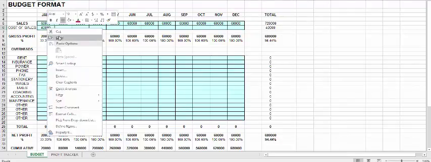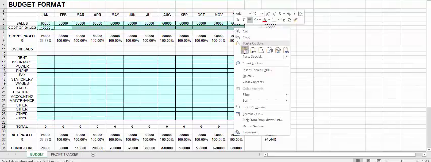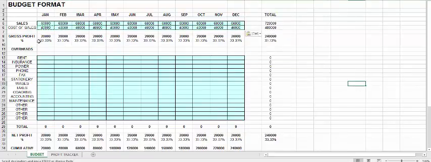In this case, I'm just going to copy and paste it all the way over here. So now I know that I'm going to have a gross profit, in this case, of $20,000 each month, budgeted at 33.33% gross profit. Now, one of the things is then we start figuring out our overheads, and you can use whatever you believe it's going to take: rent, insurance, whatever your categories are.